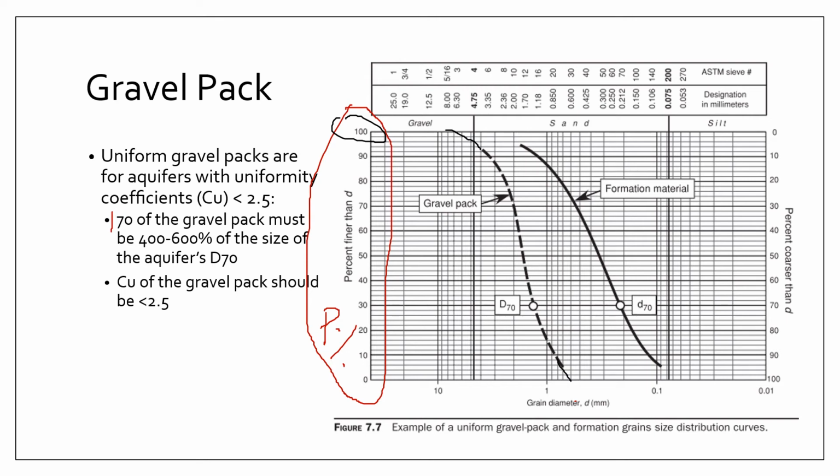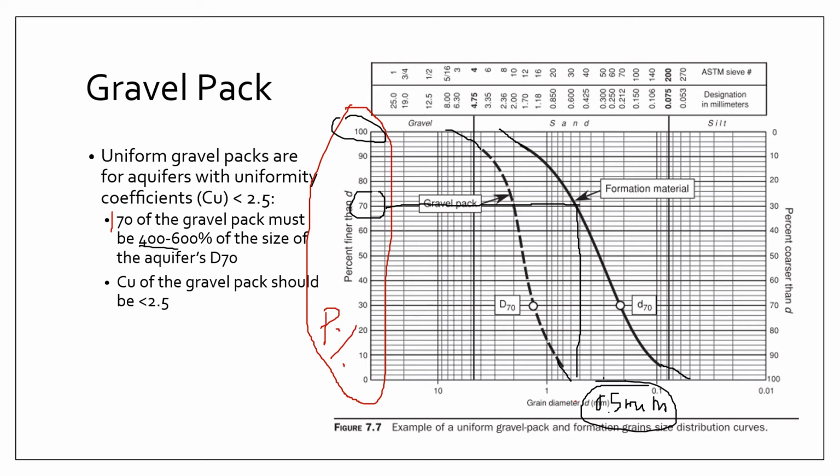Now let's apply that to this formation material sample. The D70 of your formation material should be actually here: 70% passing, intersect it with the curve, and then project it downwards. What you get is 0.5 millimeters.